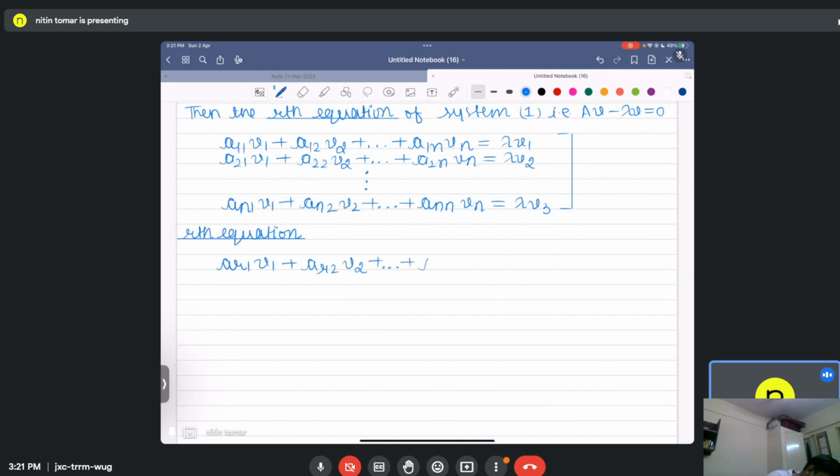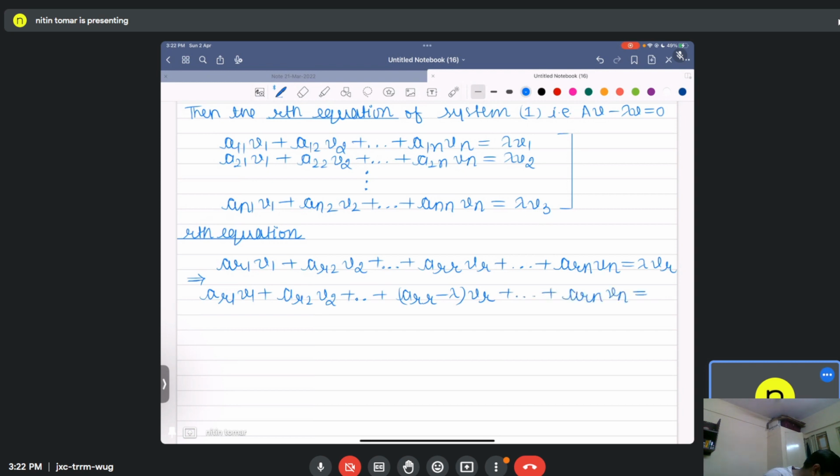Somewhere here you will have ARR VR, and so on and so forth, ARN VN, and you will have lambda VR here. So you take that right hand side to the left hand side, and you will have AR1 V1 plus AR2 V2. Here you will have ARR minus lambda VR, and everywhere else you will have the same thing, no change. So this will be 0.